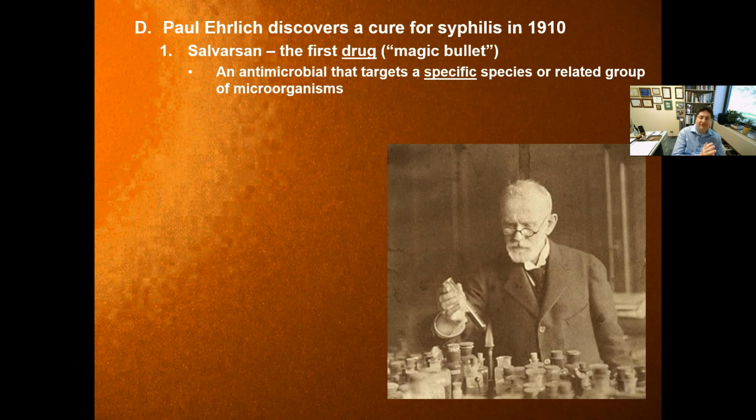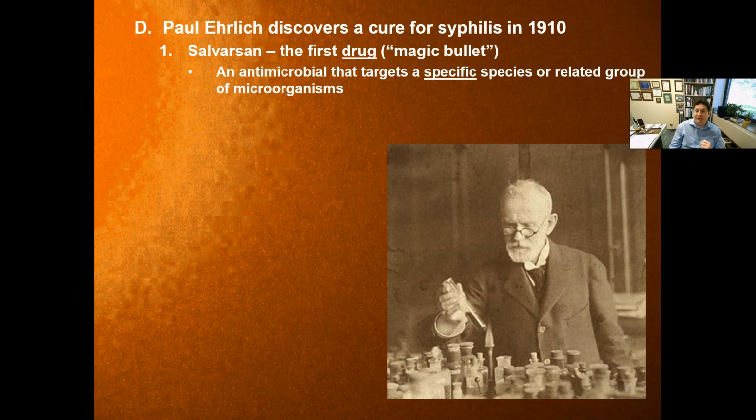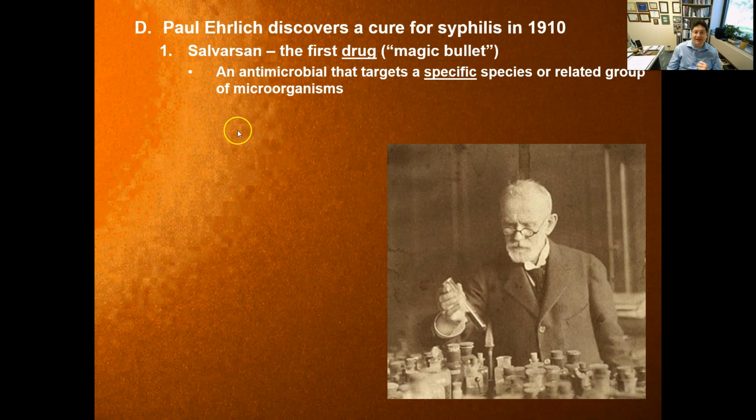Before Ehrlich's discovery, it was thought in the medical community that you couldn't specifically target, let's say, bacteria that are infecting someone. The idea was that anything that would kill the bacteria would also harm or kill the patient. It would kill their cells. Salvarsan was able to show that that's not the case.